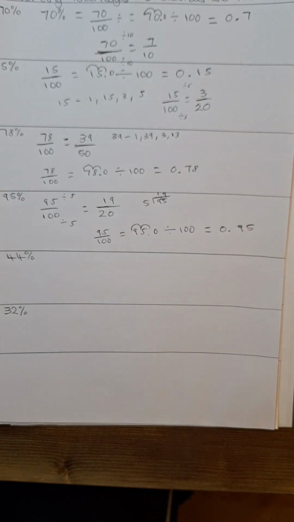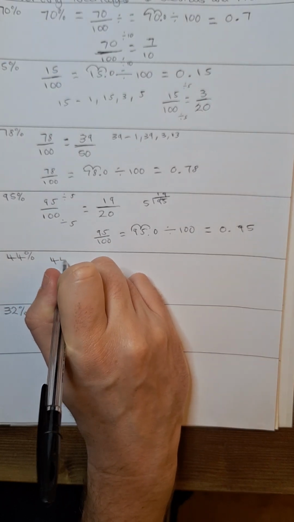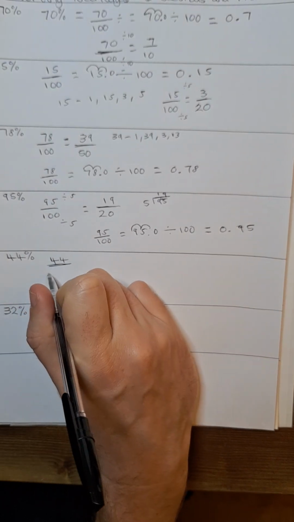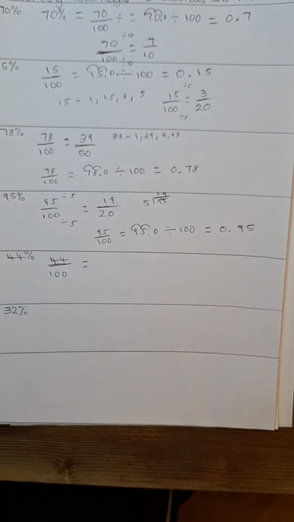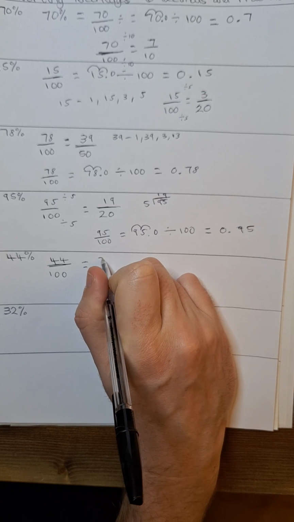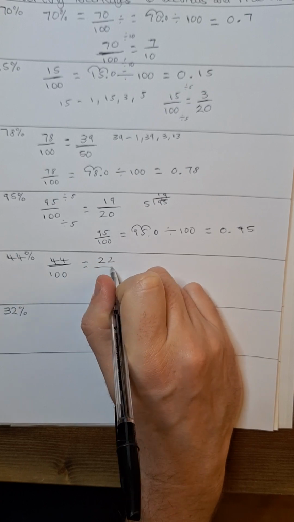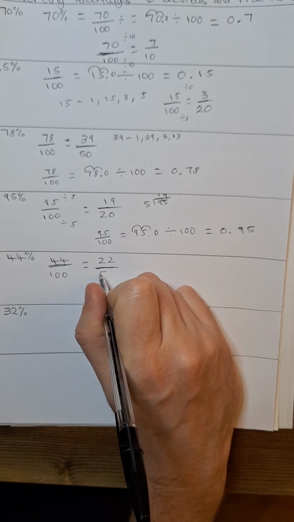Next one we have 44%, which again is 44 over 100. Both the numerator and denominator are even, therefore they have a common factor of 2. I'm going to divide both by 2. 44 divided by 2 equals 22, and 100 divided by 2 equals 50.